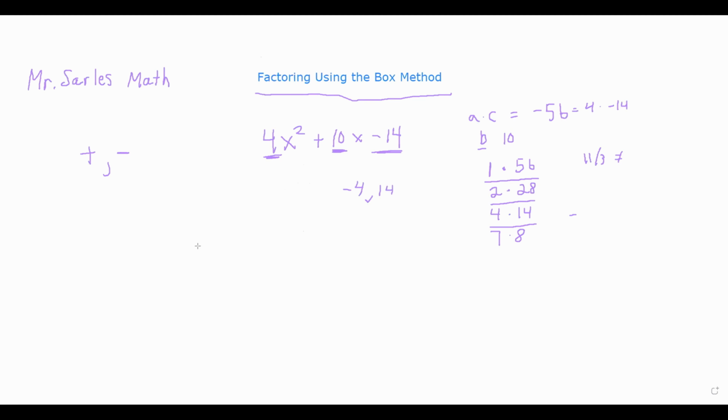So we draw some lines. Let me get started. So that's our box. It's not the greatest box ever, but you get the picture. Maybe you can do this at the same time on your paper.